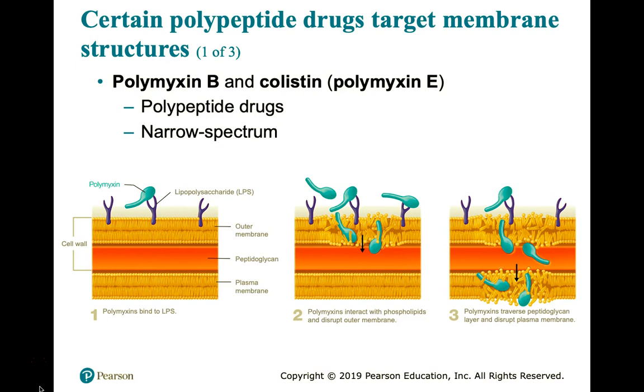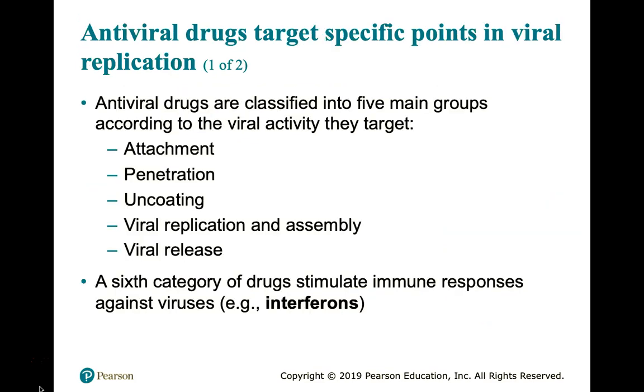But the point is they target the permeability of the cell membrane, and by doing that, they trigger the loss of important metabolites, and eventually the cell will lyse because the membrane is too weak to hold it together. I expect you to know polymyxin B from these two.